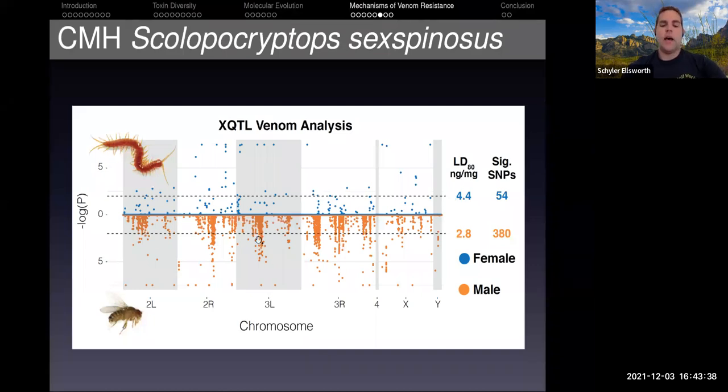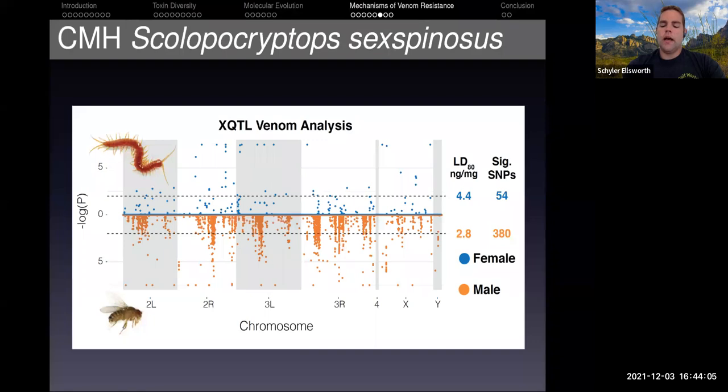On the bottom side here, I identified 380 SNPs in the male fruit fly lines versus 54 SNPs in the females. This definitely threw me for a loop, and it threw our whole lab as we discussed why we would see these two different changes happening.